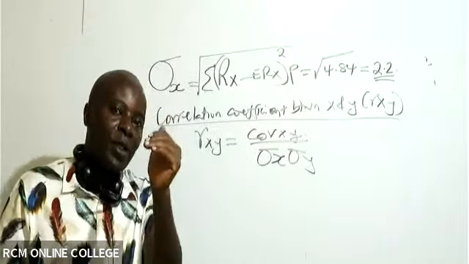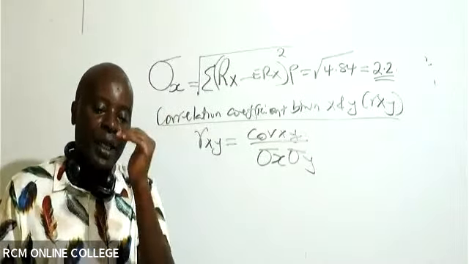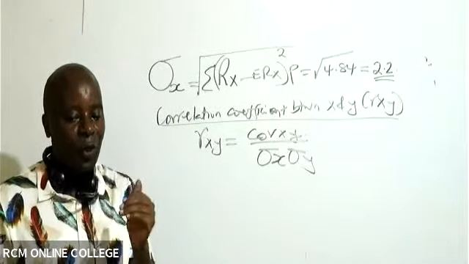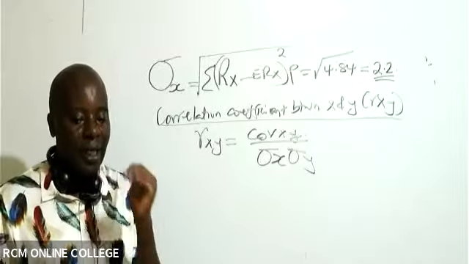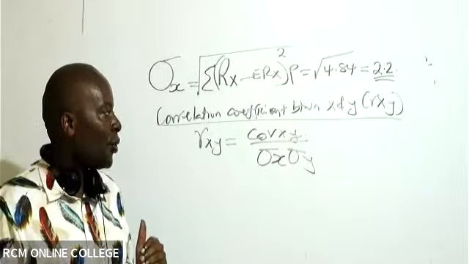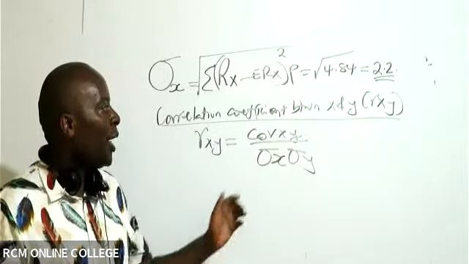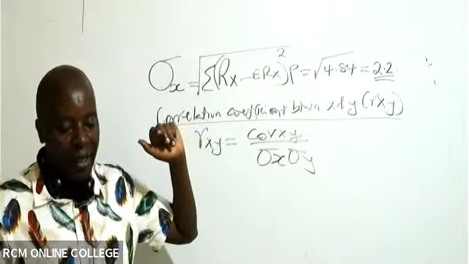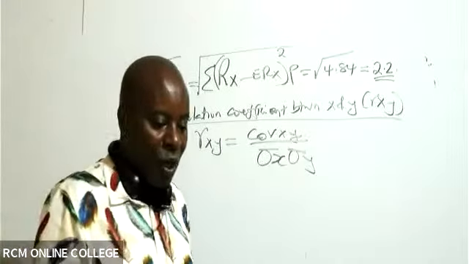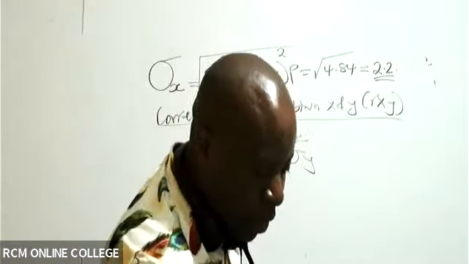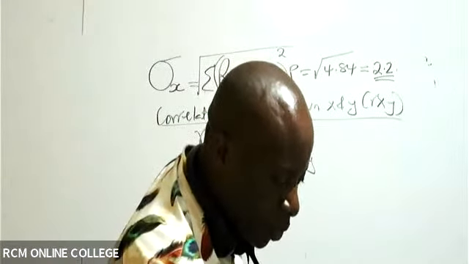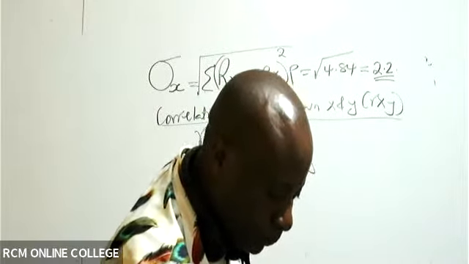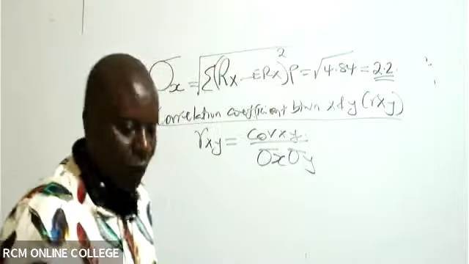Can anybody remind Mwalimu what we got for our covariance? Yeah, 2.42.